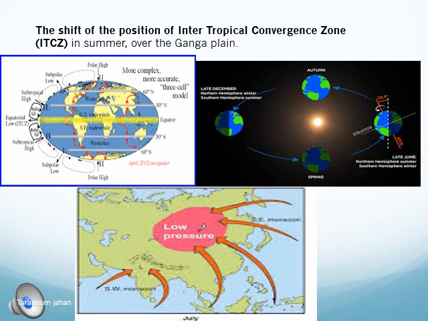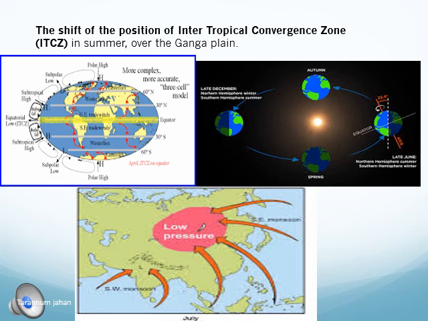Now if you see the globe in the first image, the broad yellow line is the ITCZ. We usually find ITCZ near the equator. Why? Because it has low pressure there because of the direct sun rays.